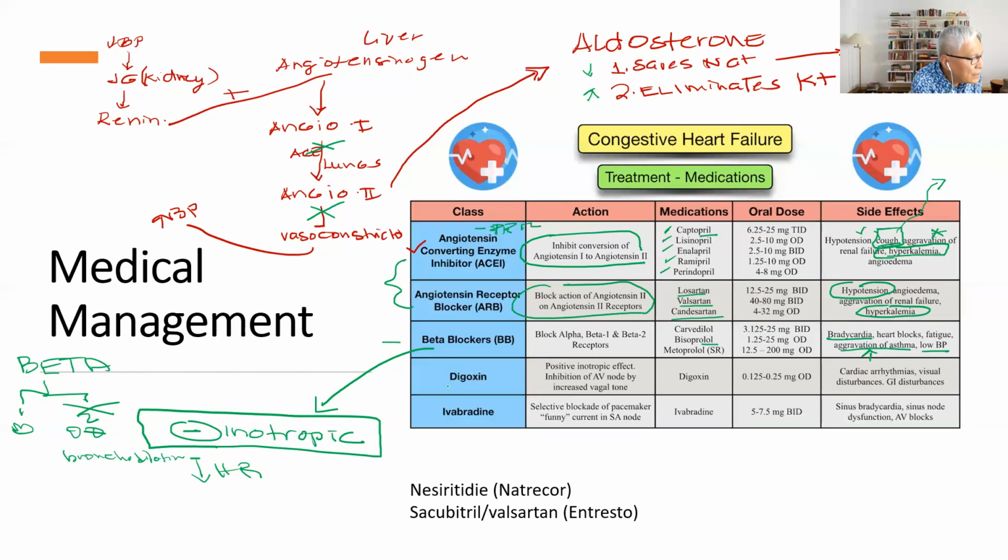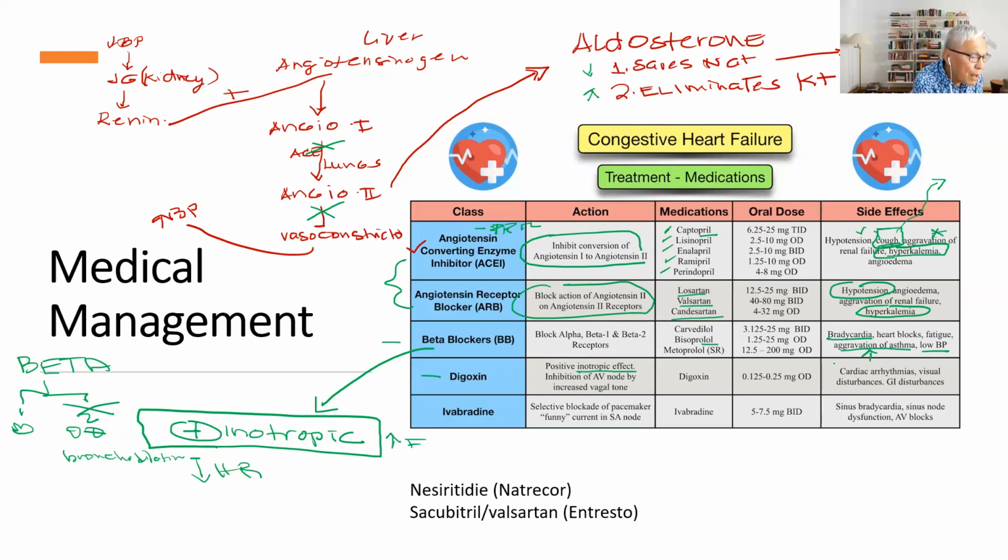Okay. And digoxin. Digoxin is a positive inotropic agent, which means to say that it increases the force of contraction. So positive inotropic effect. It also decreases heart rate, and therefore this is going to help in your patients with systolic dysfunction.